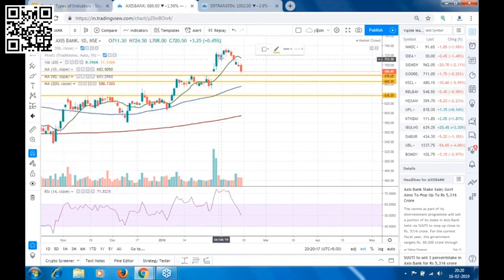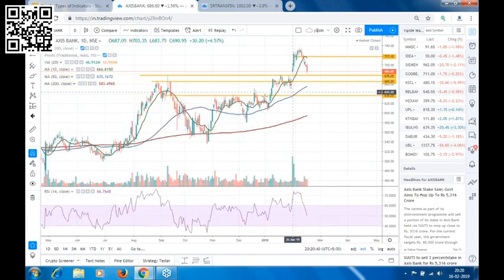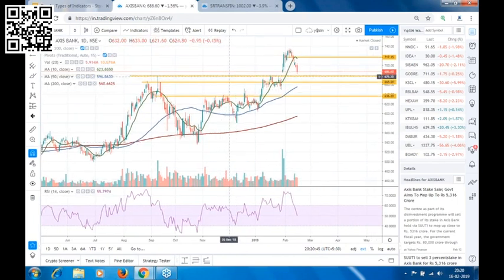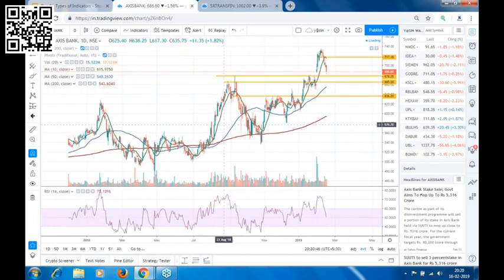Actually, our short in Axis Bank was at this point when 715 was broken. There was this consolidation for 3-4 days at this level, and when this level was broken, that was the time we could have shorted Axis Bank, because as I showed you that day, we can draw a channel also and see.